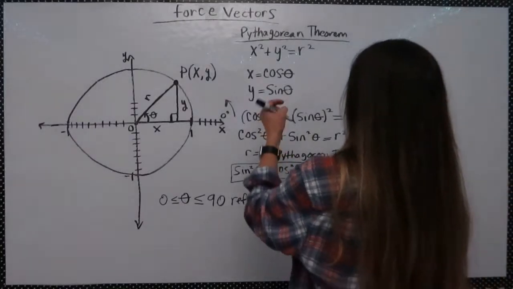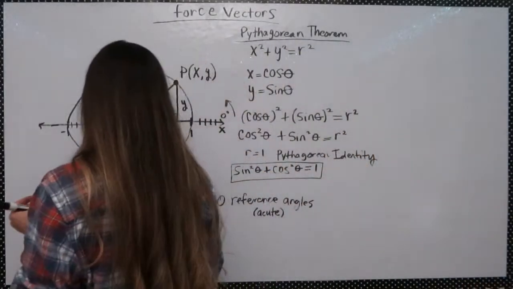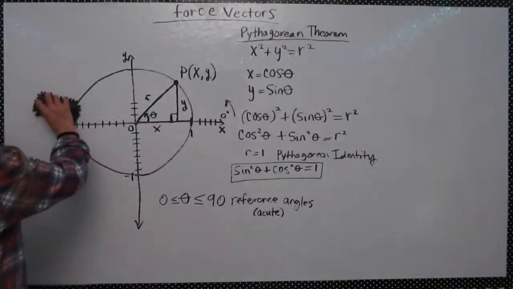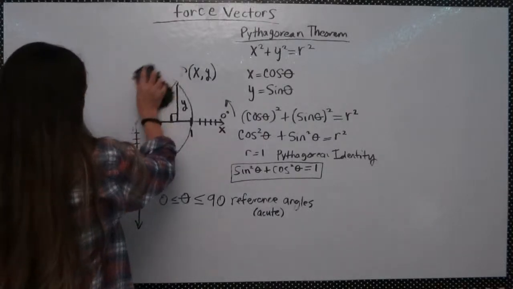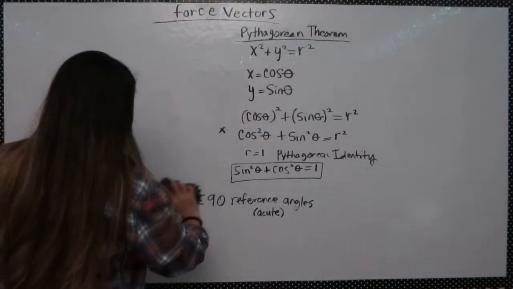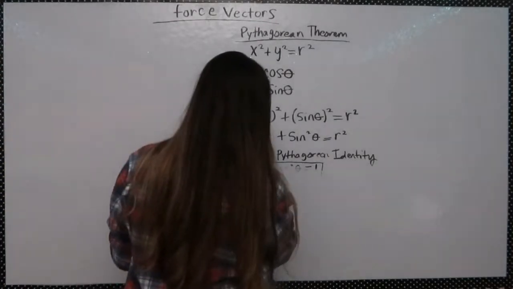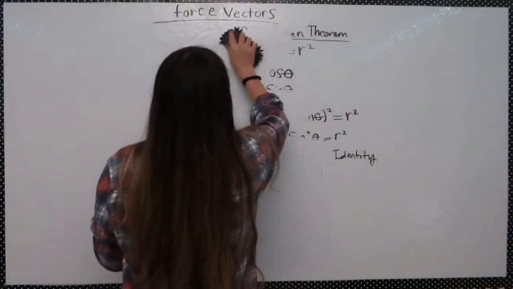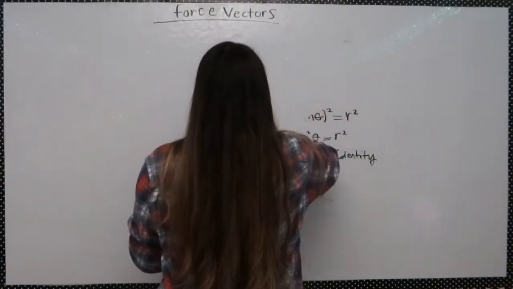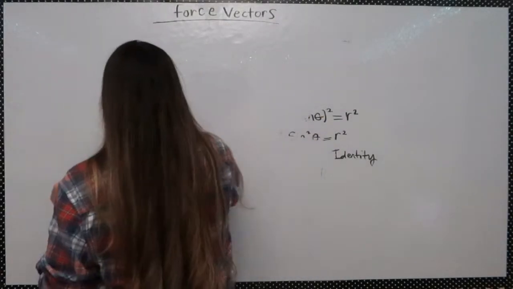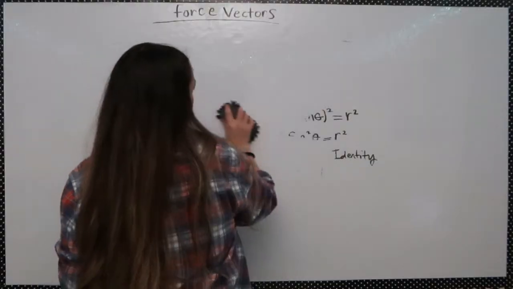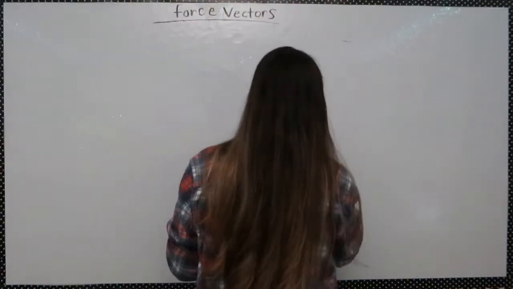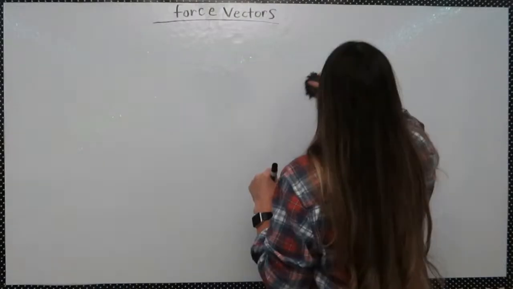All right, so the only thing we need from here is this cosine theta and the y. So let me erase and draw another triangle and talk a little bit more about what a vector is. Vectors have two things that make it a vector. It's a magnitude and a direction.